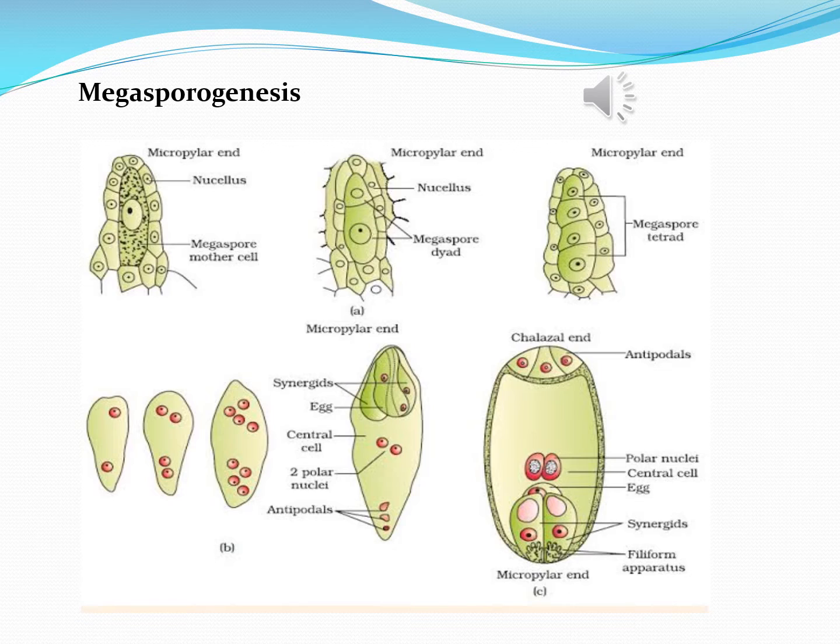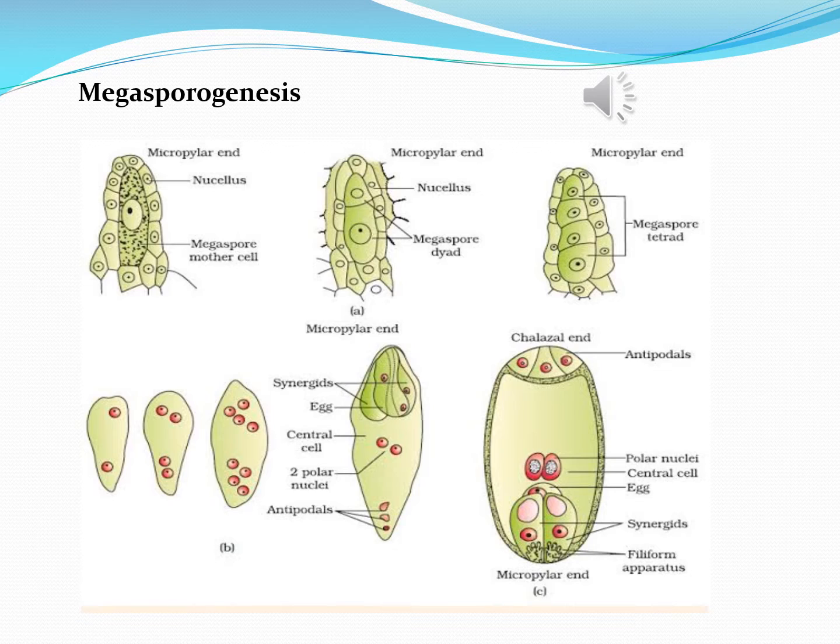In the last slide we discussed megasporogenesis. In this slide we will discuss the megasporogenesis process diagrammatically. In the first diagram, we can observe that initially the ovule consists of parenchymatous cells.